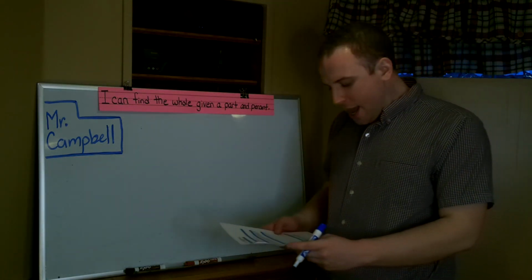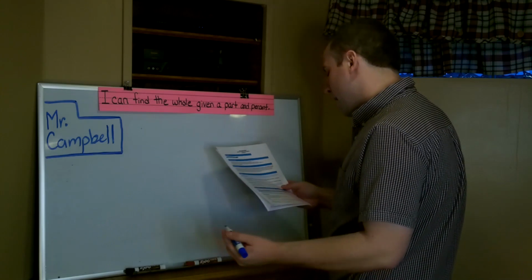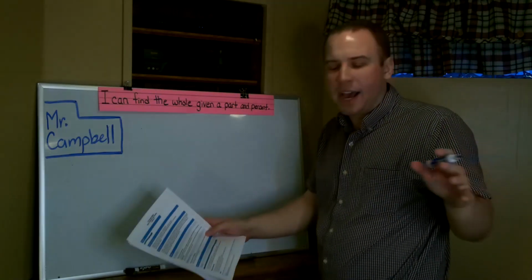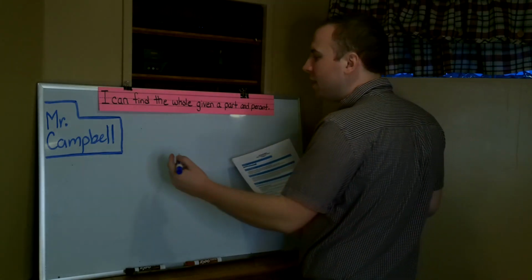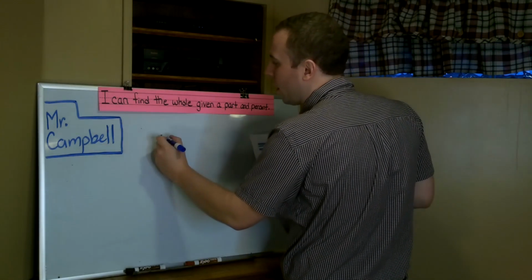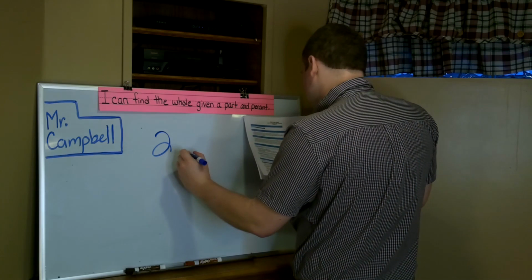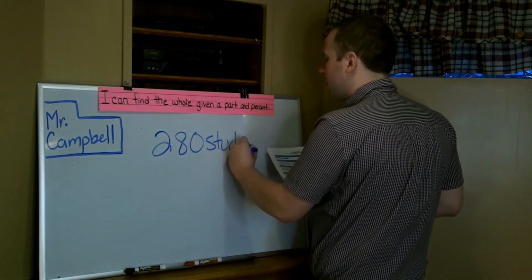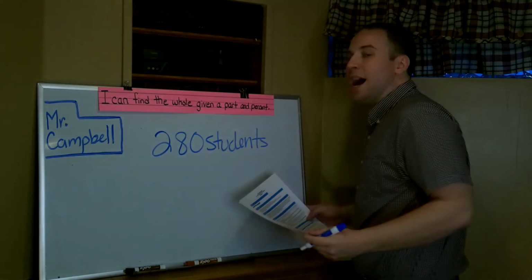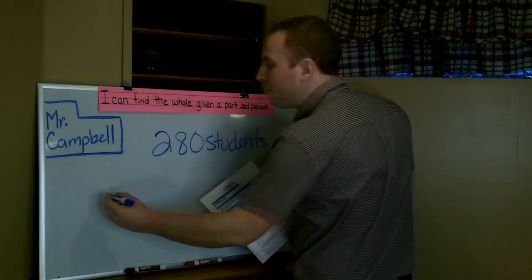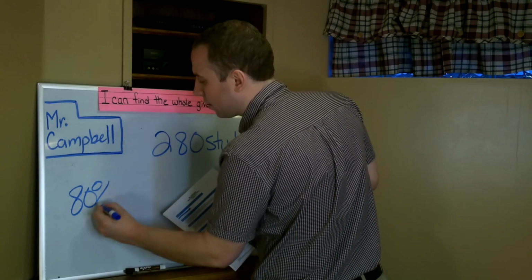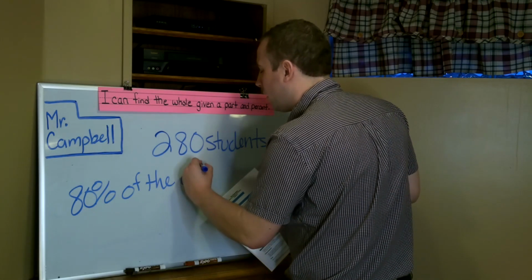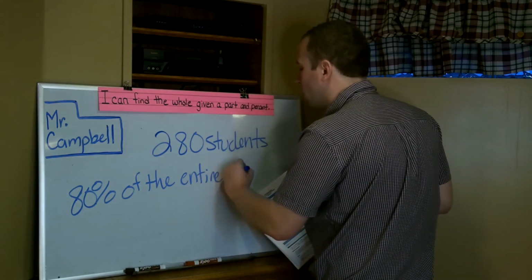Let's say we have an assembly. And let's say, hypothetically, we were to include the entire class. At that assembly, we had about 280 students attend, but that only made up about 80% of the entire school.